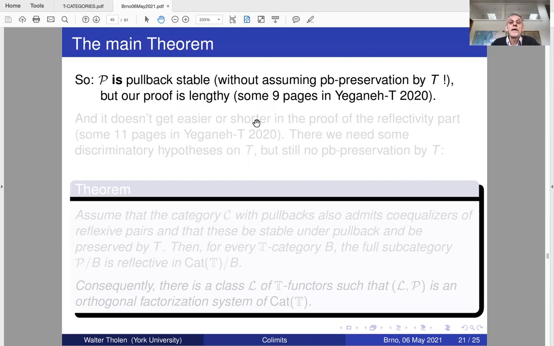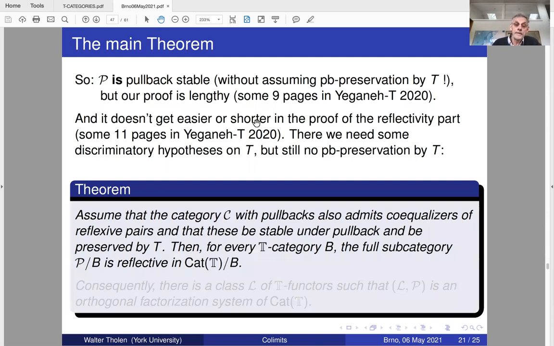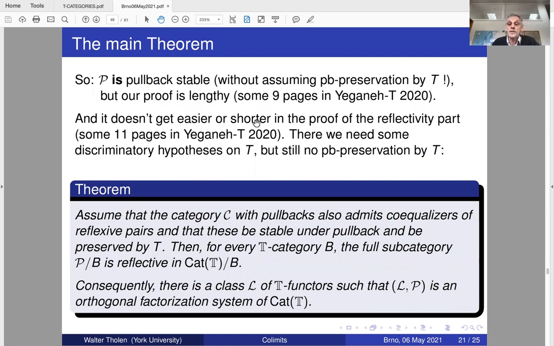We do have this pullback stability, and if we are able to now also show the reflectivity part, which unfortunately is even nastier than the pullback thing, then we would finally have a theorem that would allow us to say we have a comprehensive factorization system in Cat T.